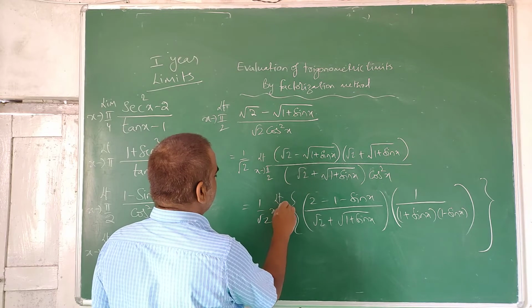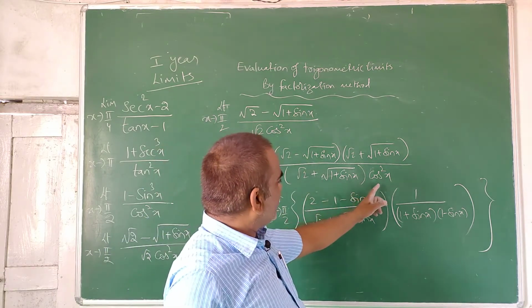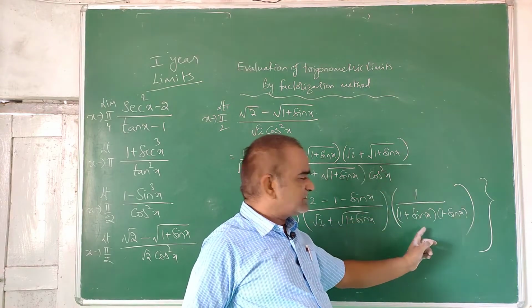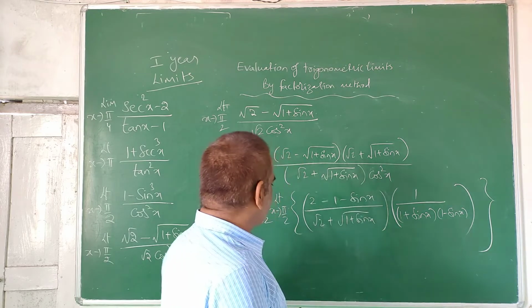I think you all have understood what I did. I rationalized the numerator and I wrote cos square x as 1 minus sine square x, and 1 minus sine square x I wrote as 1 plus sine x into 1 minus sine x.